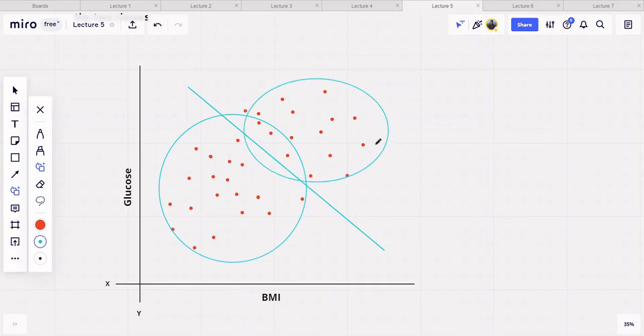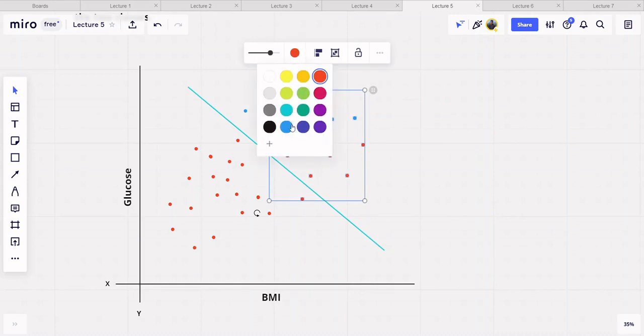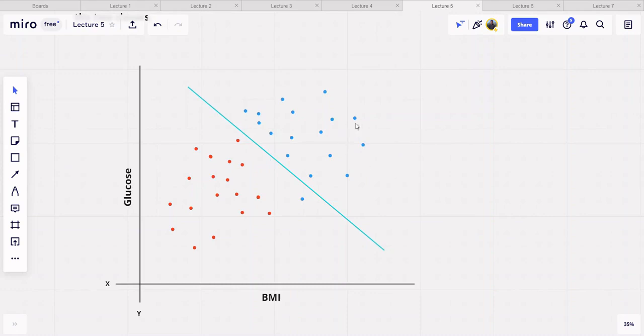So for example, let me also change the color of the data points here. As you can see, logistic regression tries to find the most optimal line that will separate this data set in the most optimal manner.